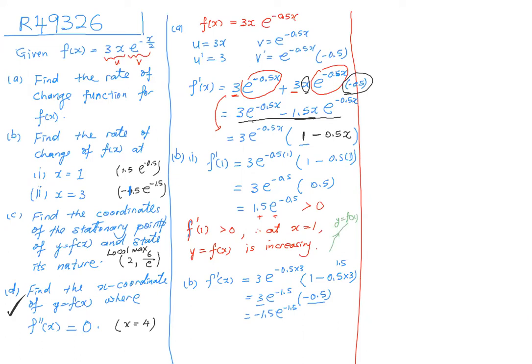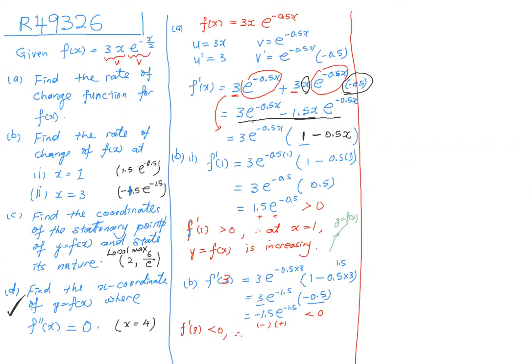Okay. So negative 1.5 e to the, okay. So Chunyi, is this value greater than 0 or less than 0? Less than 0, because this is negative and this is positive, correct? So f prime 3 is less than 0.